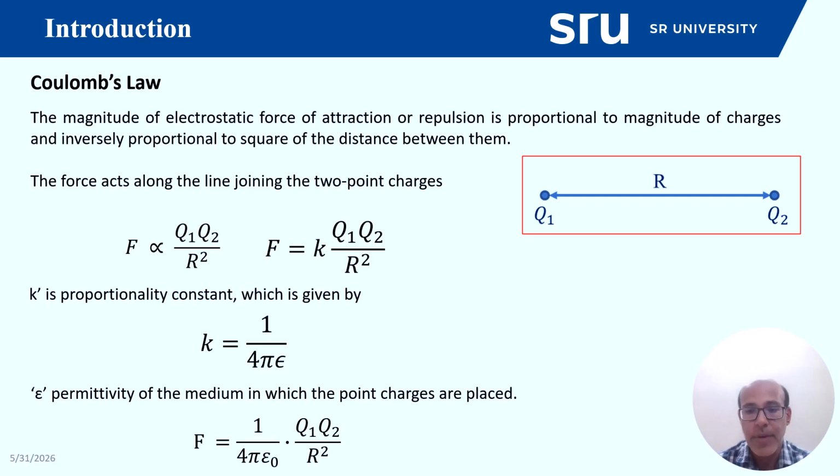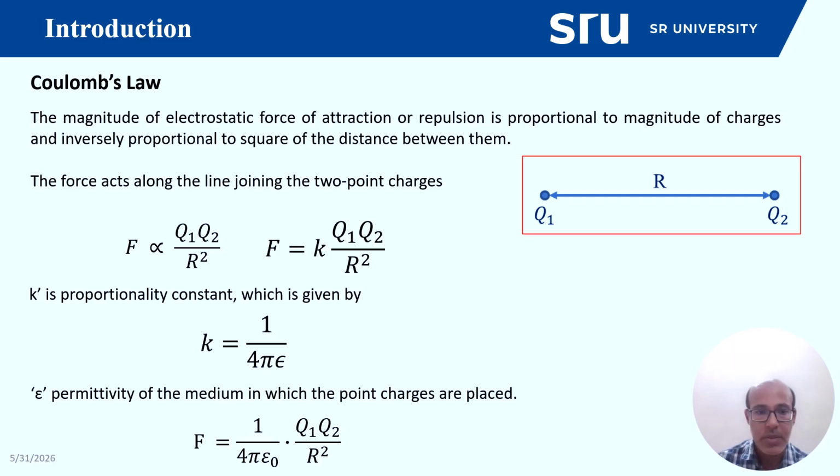So there is a force of repulsion or attraction between the two charges depending upon what type of charge they are. According to Coulomb's law, the magnitude of electrostatic force between these two charges is directly proportional to the product of the two charges and inversely proportional to the square of the distance between the two.